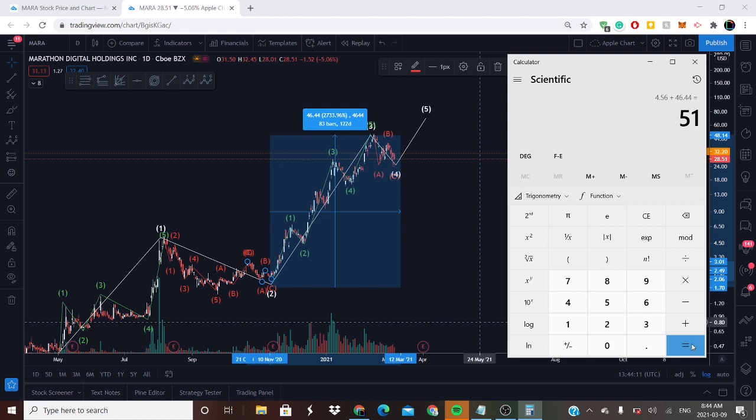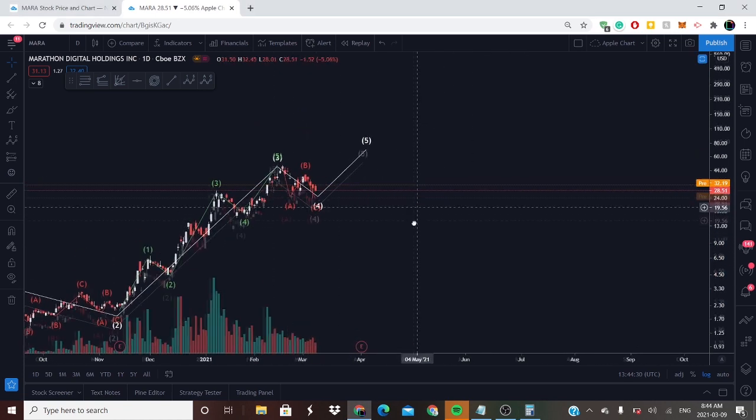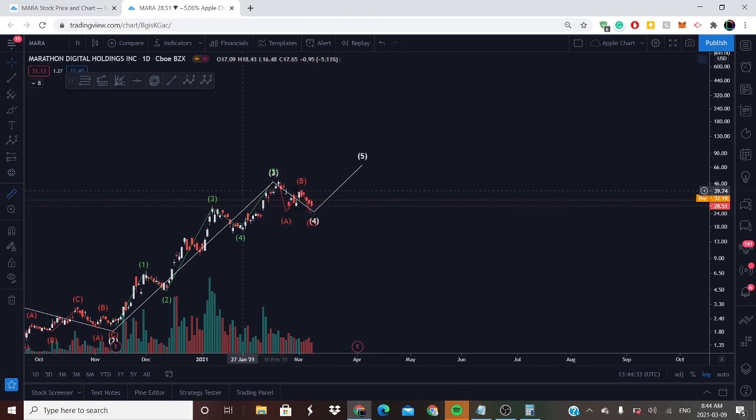It gives us $51. Okay, so then to get the price target of this, if I'm correct, I just want to check the exact number. It's 61.8%. So that's the Fibonacci number, 61.8%. That's $31. So I can take the bottom of wave C and add $31, which gives us $55 as our first price target.